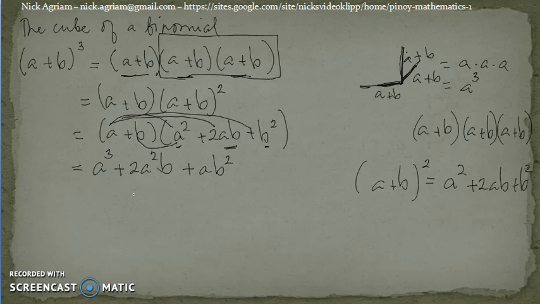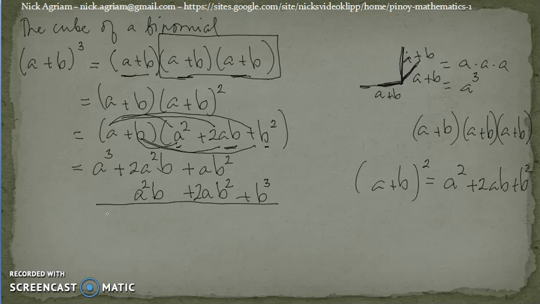Second term now with the first term, we have a squared b. And then these two terms, plus 2ab squared. And the last, plus b raised to the power of 3.